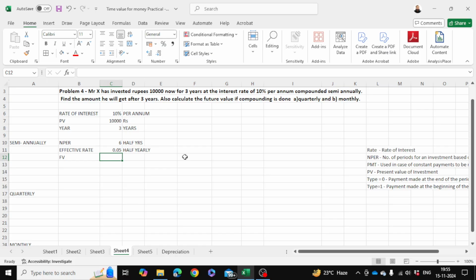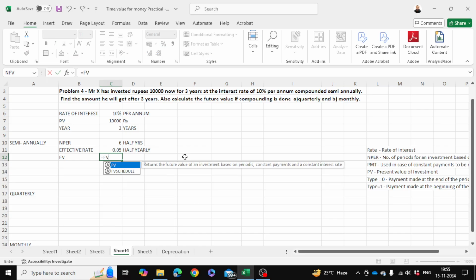Future value, same way you have to apply it. Rate of interest, we will not take the annual rate, we will now take the effective rate of interest for half year. This is the effective rate, and period is 6 now instead of 3 because you have to go for half years. PMT is not given, so you can mention 0.